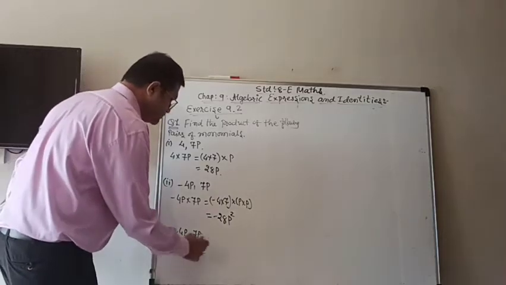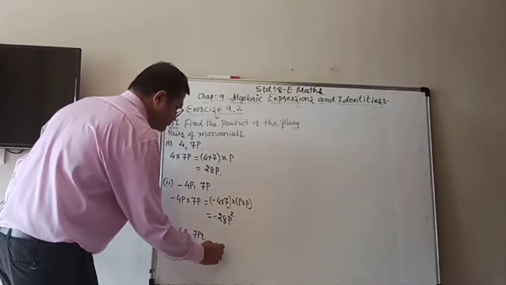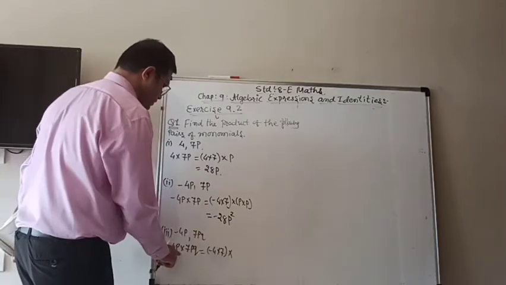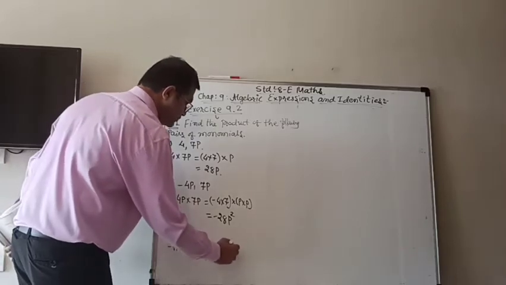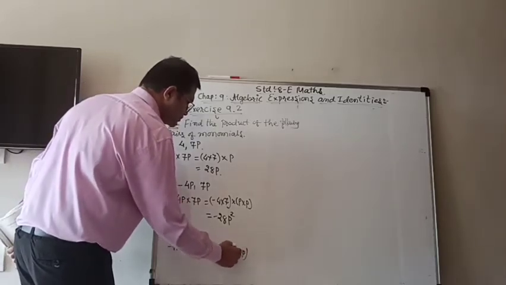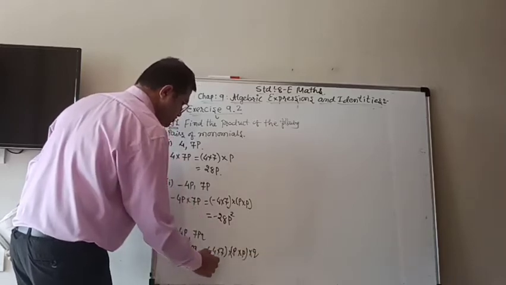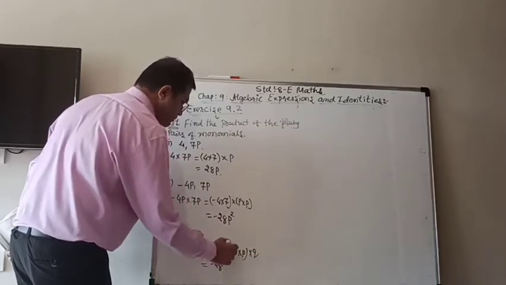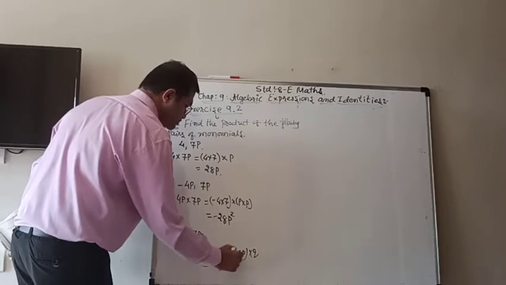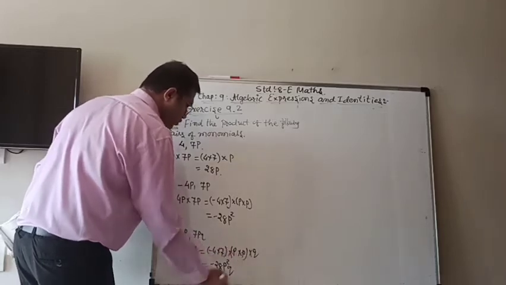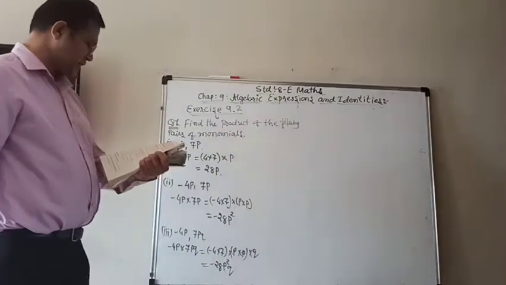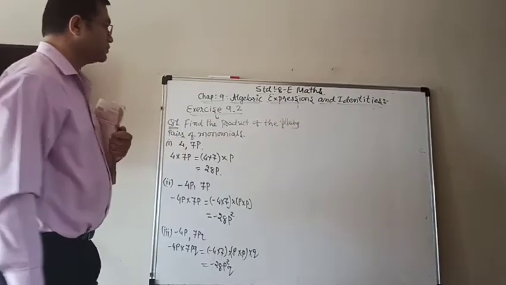So first the coefficient minus 4 into 7, then p into p, and q is alone. So it is equal to minus 28, p into p is p square, q is alone. So minus 28 p square q cube.